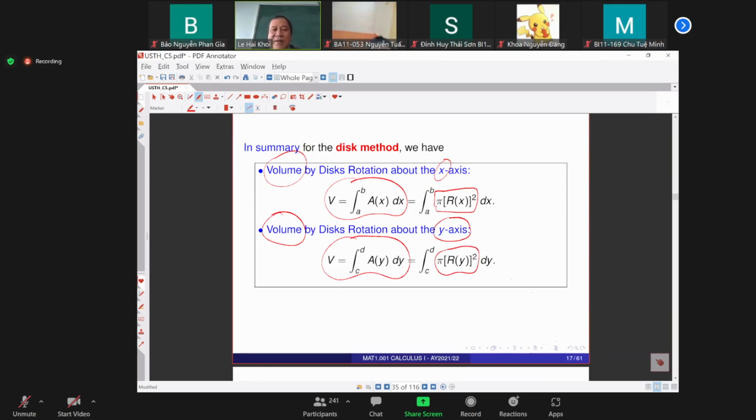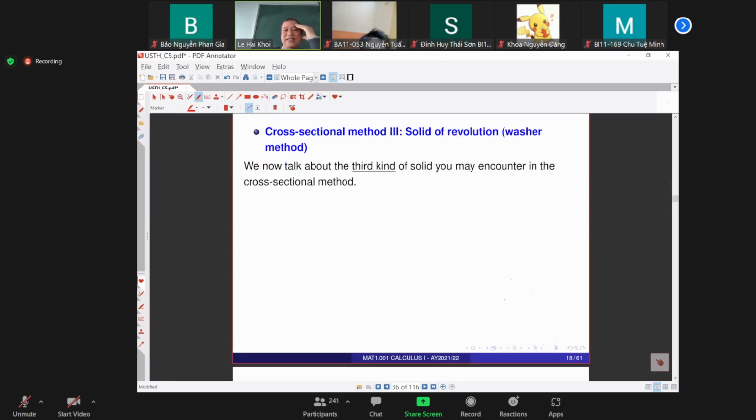Pay attention, learn by heart this one. Learn by heart nghĩa là gì? Học thuộc lòng đúng không? You should remember and learn by heart these two cases for this rotation: volume by rotation about the x-axis and about the y-axis.